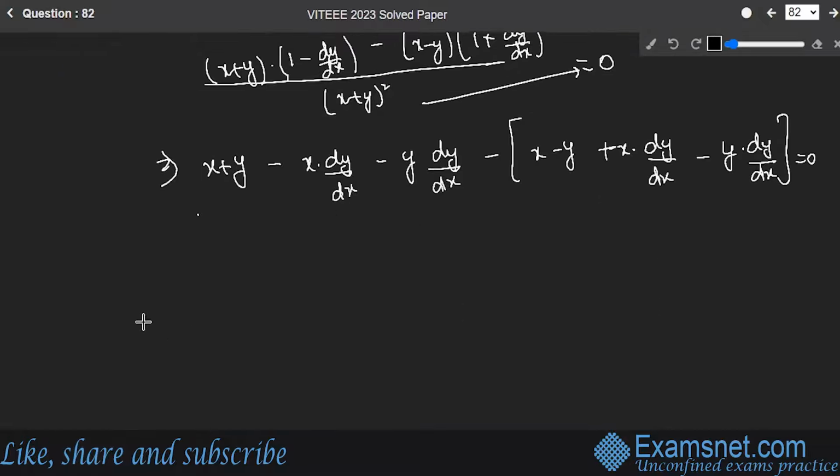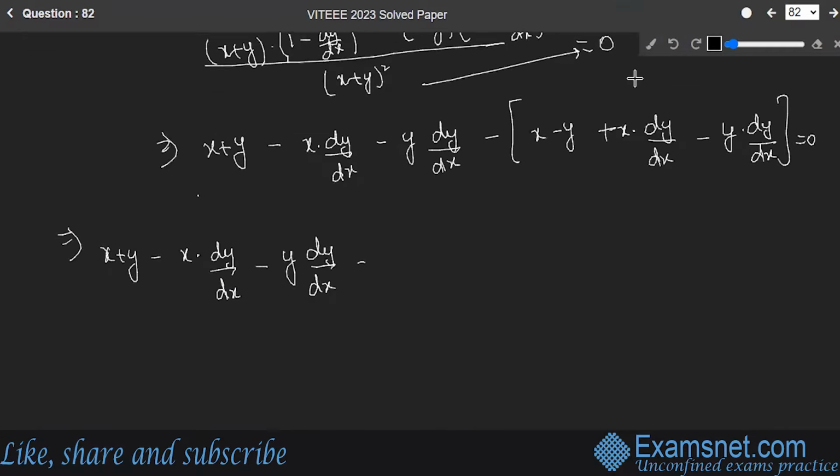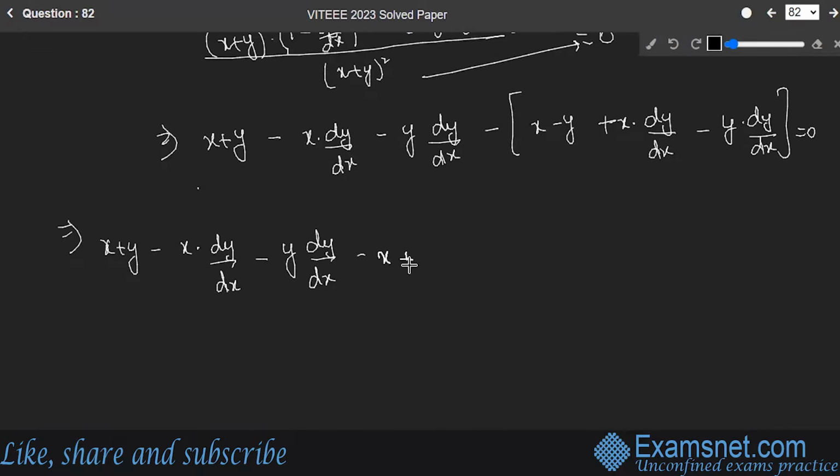Here you have x plus y minus x into dy by dx minus y into dy by dx, minus x plus y minus x into dy by dx plus y into dy by dx, equal to 0.